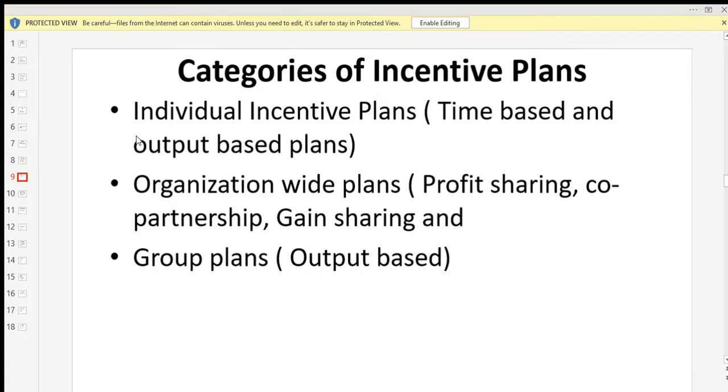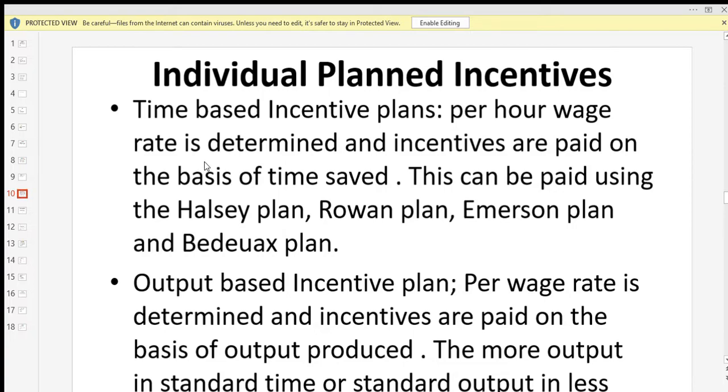So those are the three categories of incentive plans. Let's look at each of them. The first one is individual planned incentives. In individual planned incentives, we have time-based incentive plans.